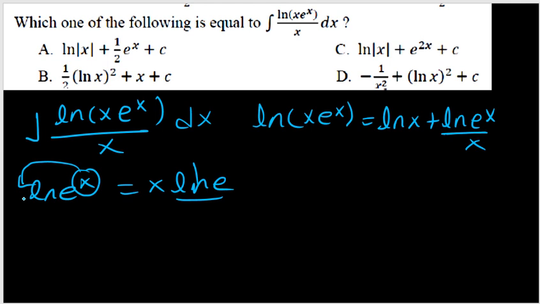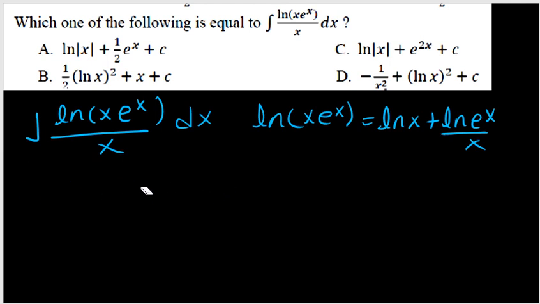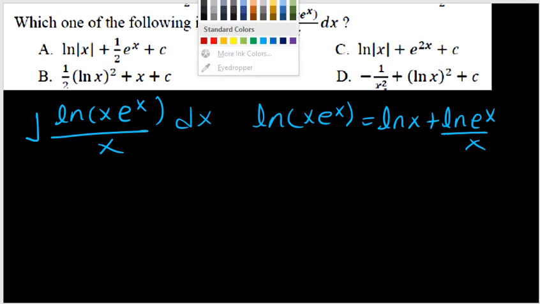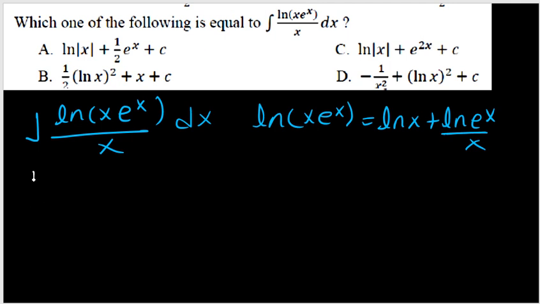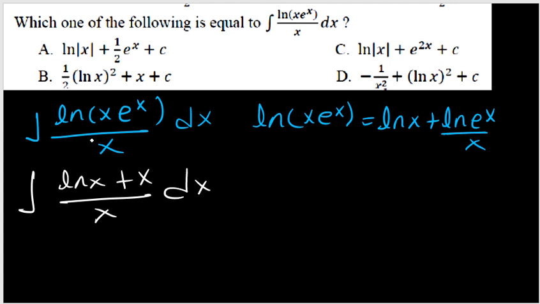So the upper part only, the integral of ln x plus x over x dx remains. We expanded the upper part and we have got that one. Don't forget this x comes as a coefficient here, and ln e is 1, so x remains.